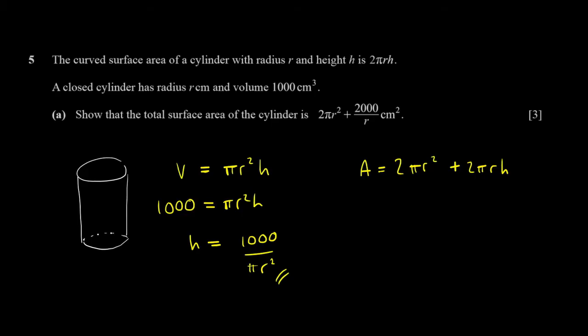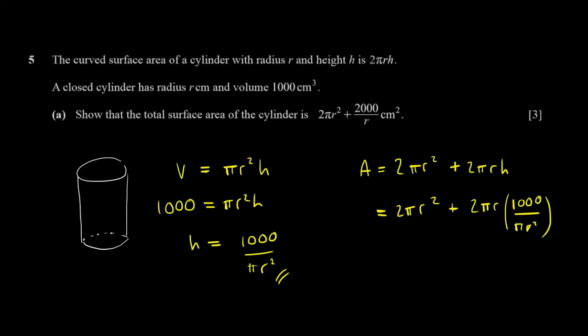Now then, we want a formula that's just got r's, with no h's in it. So what we've got to do is take our expression for h and substitute it in. So we get 2 pi r squared plus 2 pi r times 1,000 upon pi r squared.